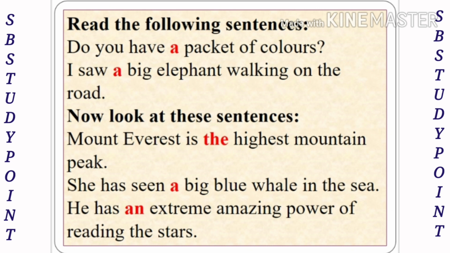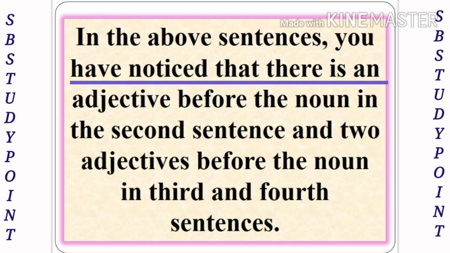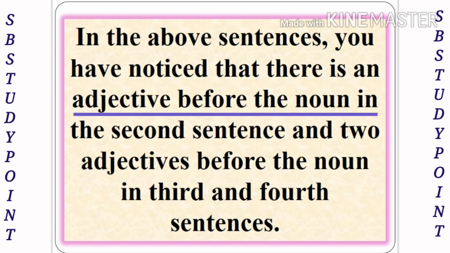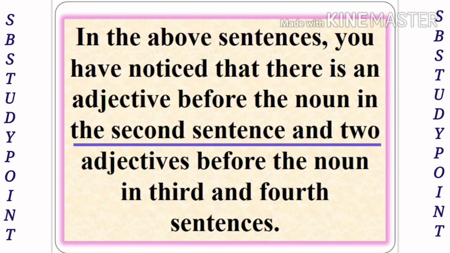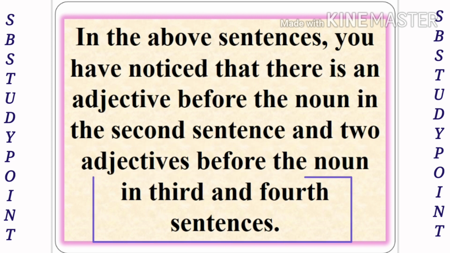Don't use the article just before the noun. We use the article before the adjective. As you can see in the above sentences, there is an adjective before the noun in the second sentence and two adjectives before the noun in the third and fourth sentences.